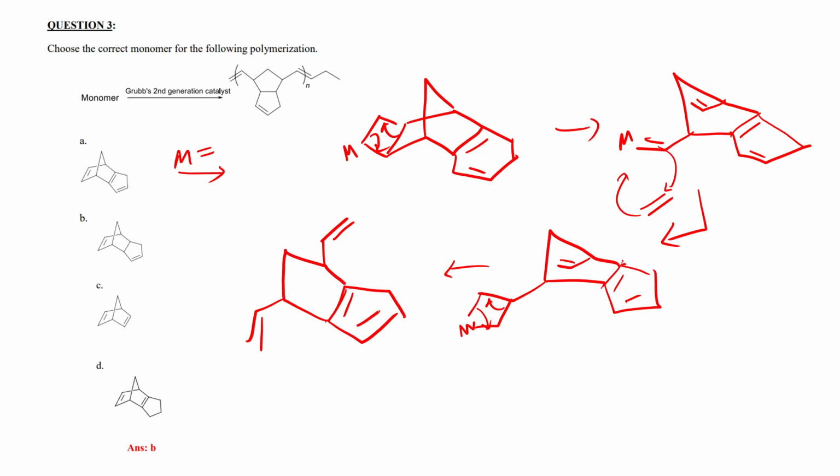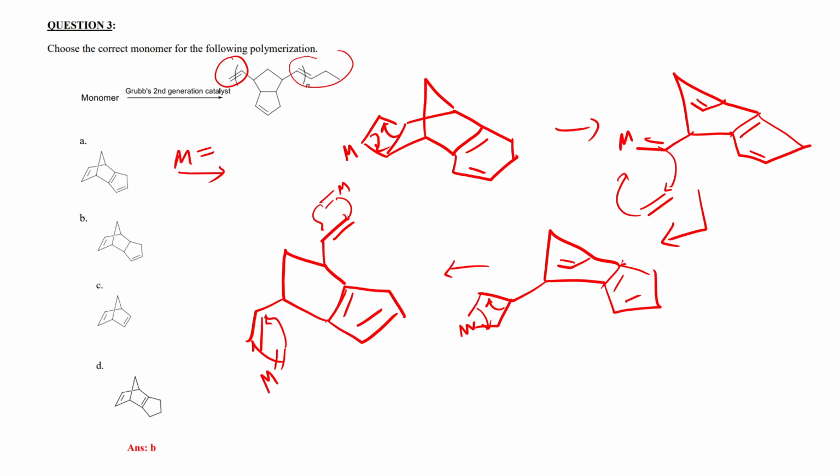Here two double bonds. Now from here this can work, and these two parts can grow to form this tree.